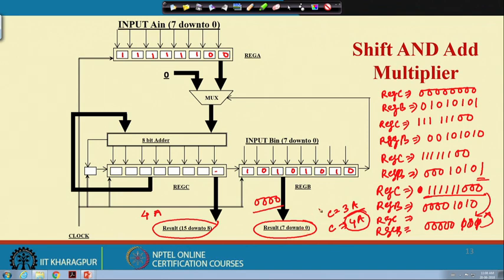Now if I do it in another way, whenever I am multiplying A with the value of B, which is 0 1 0 1 0 1 0 1, the value of this is 1 plus 4 plus 16 plus 32, so that means total 53.